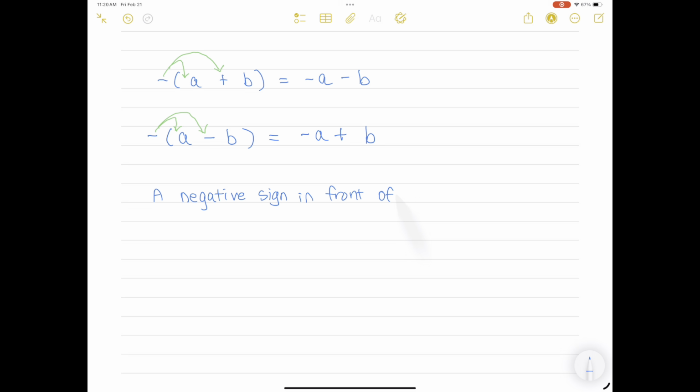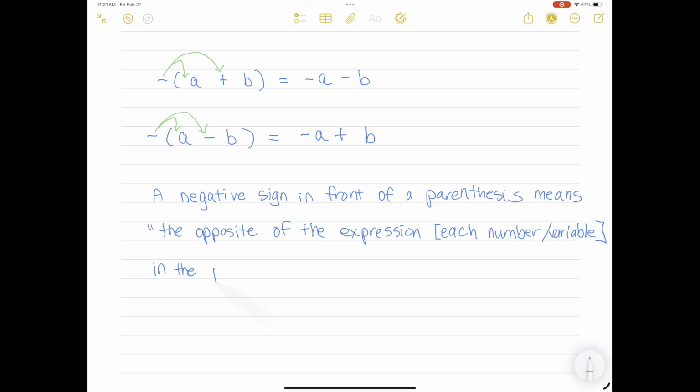A negative sign in front of a parenthesis means the opposite of the expression of each variable or number within the parenthesis. A negative sign with an open parenthesis, a plus b minus 3, close parenthesis, equals negative a minus b plus 3, removing the parenthesis.